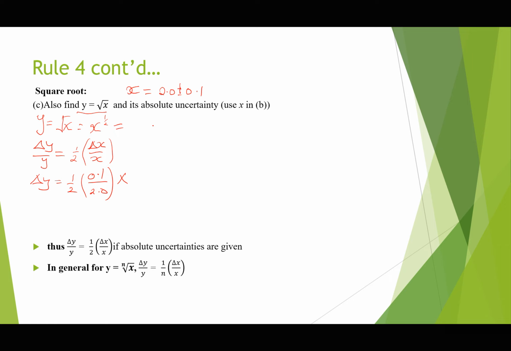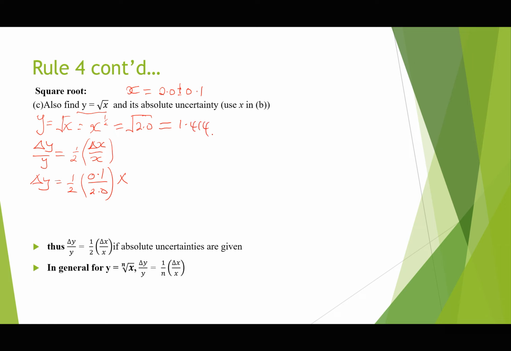Right from here, y is the square root of 2.0. What is the square root of 2.0? I guess it is around 1.414.